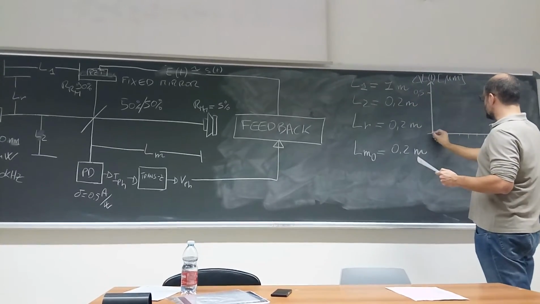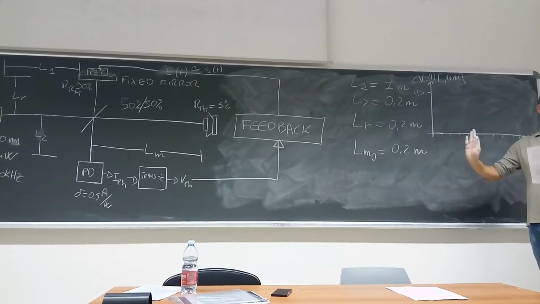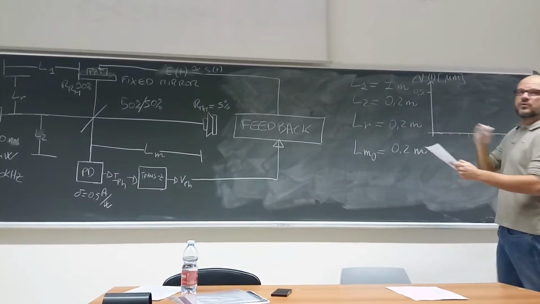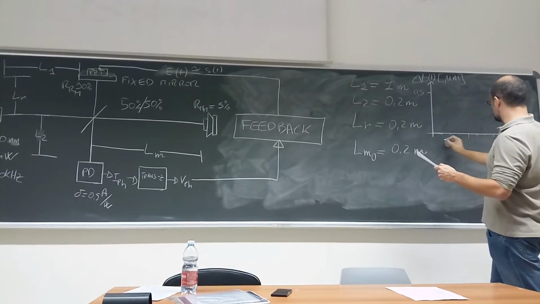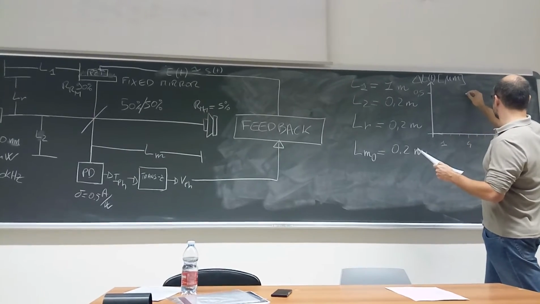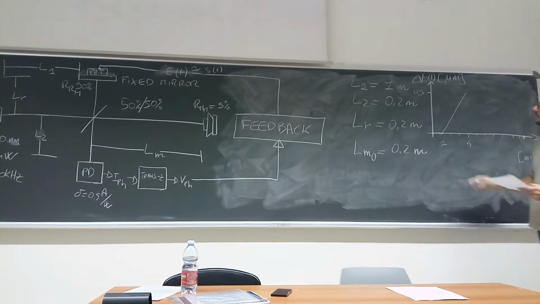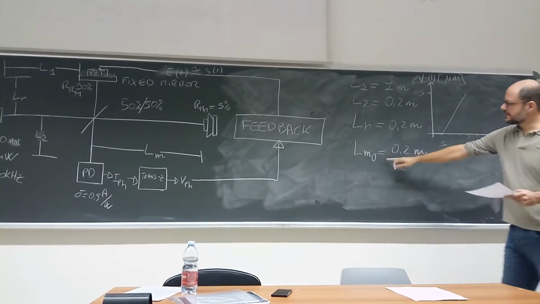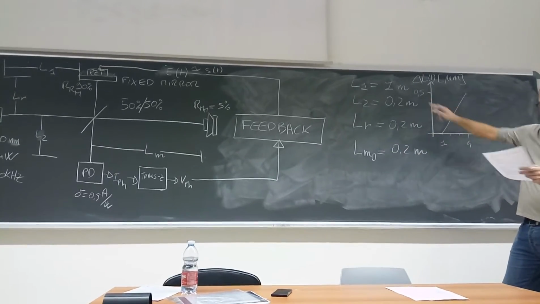In the first millisecond, the measuring arm is at rest. Then you start to move away from the instrument, a linear increase of distance from LM0 to LM0 plus 0.5 micrometer.